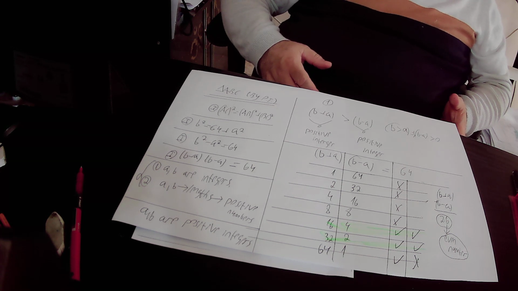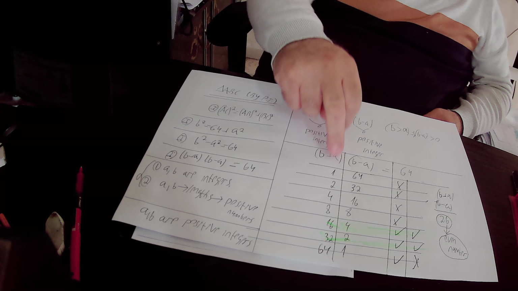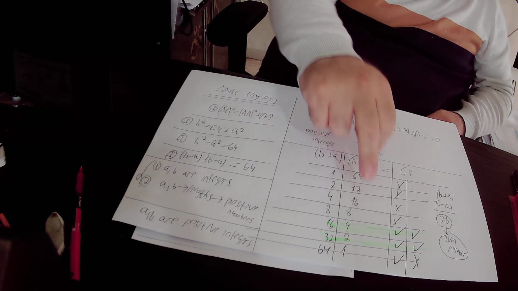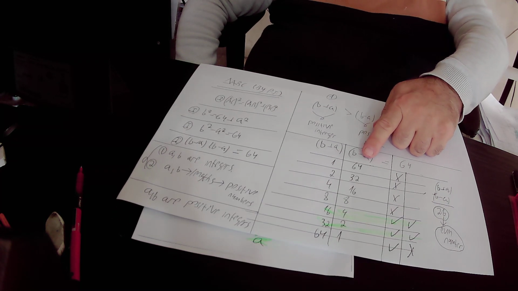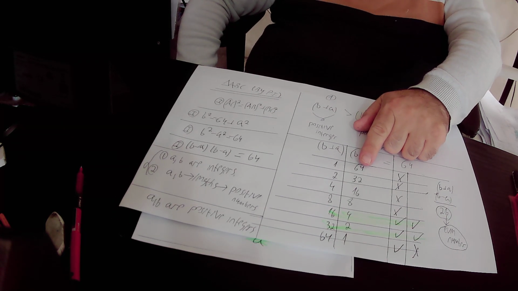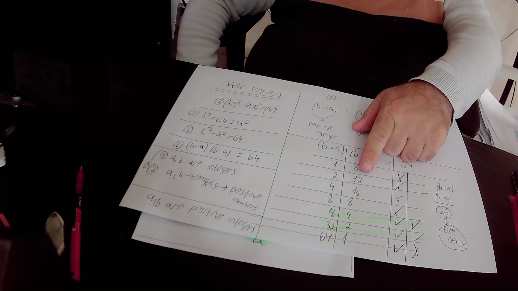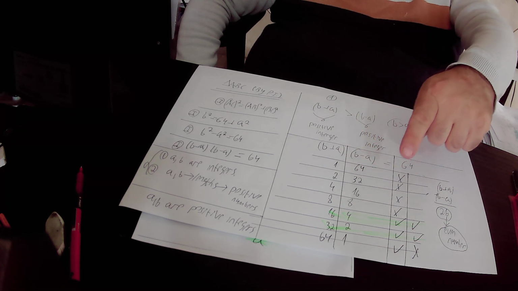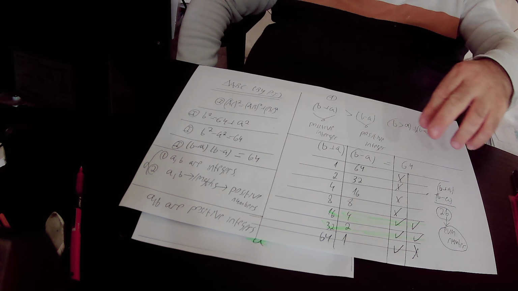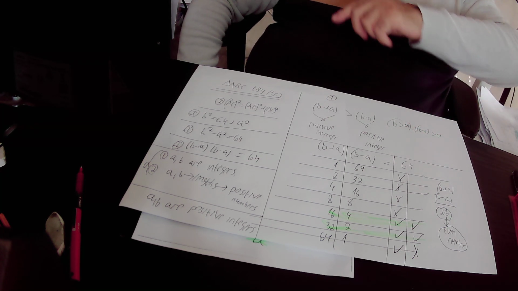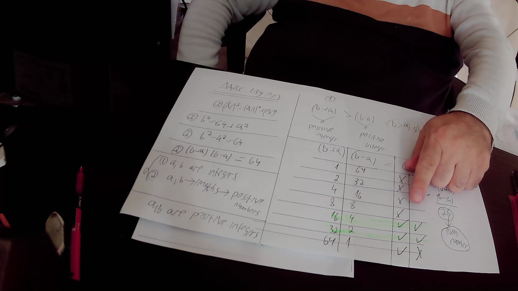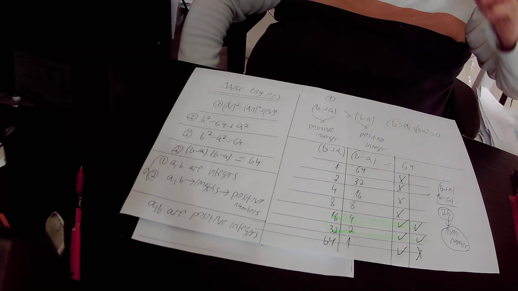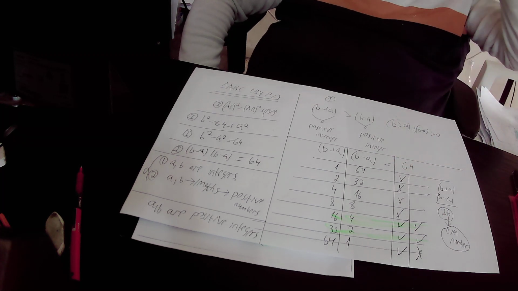Therefore, we will take only the possibilities where the first column is greater than the second. 1 is not greater than 64, this is not a good option. 2 is not greater than 32, 4 is not greater than 16, 8 is not greater than 8. So all those 4 possibilities get cancelled. 16 is greater than 4, that is a good possibility. 32 is greater than 2, it is a good possibility, and 64 is greater than 1, it is also a good possibility.